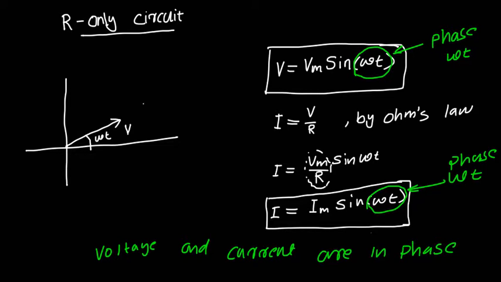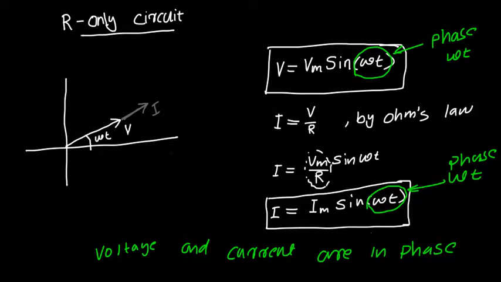The angle of voltage is omega t, and the angle of current is also omega t. Therefore we can draw like this, and this is the current.